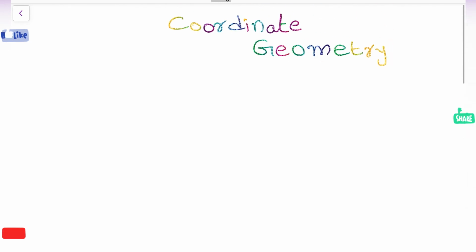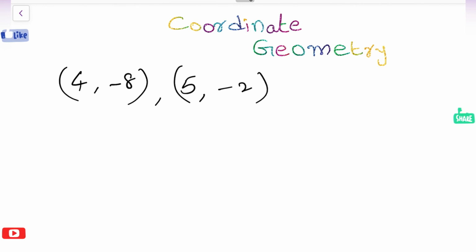The next type of question is finding the slope. For example, the vertices are given as (4, minus 8) and (5, minus 2). So we need to find out the slope of this.